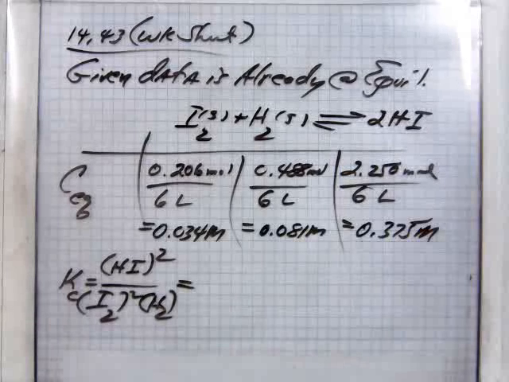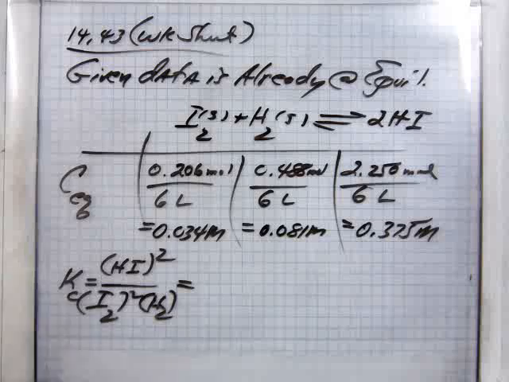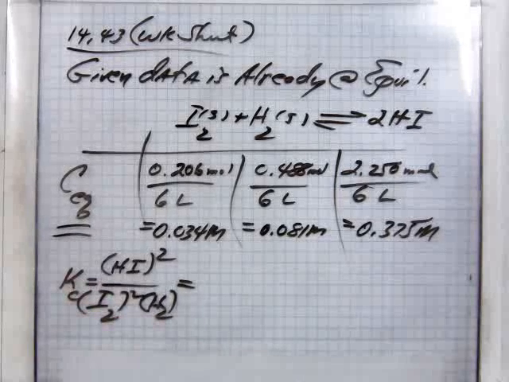So I get these values, and you see how I'm just working with the equilibrium row because that's what the problem specifies.